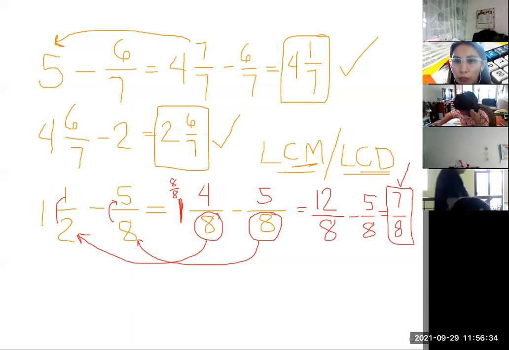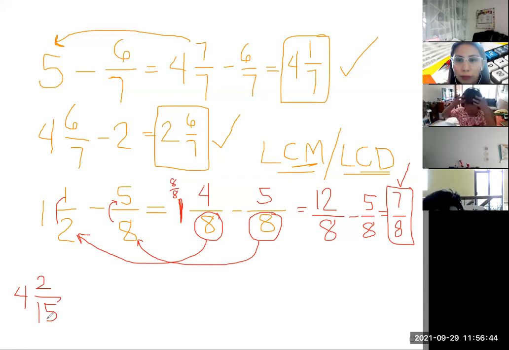Another subtraction fraction example. Isa pa po, before we proceed to multiplication. 4 and 2/15 minus 2 and 11 over 45.